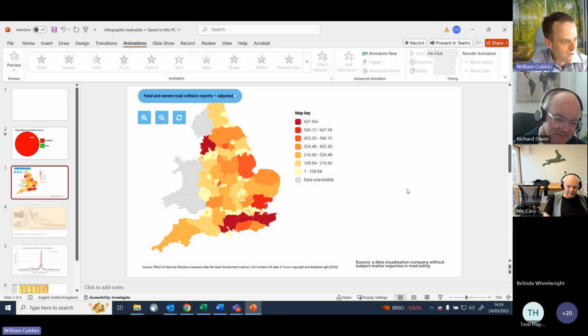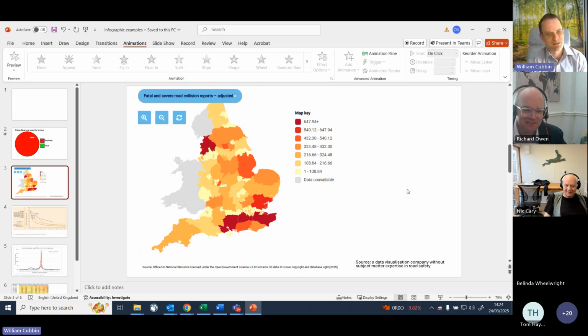You can see places like Kent and Surrey and Hampshire and Essex are quite dark on that scale. All the London boroughs are very light, so it makes you think there are not very many casualties in London.